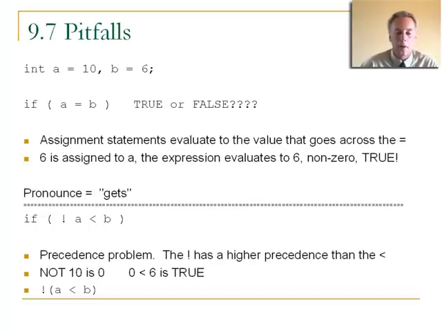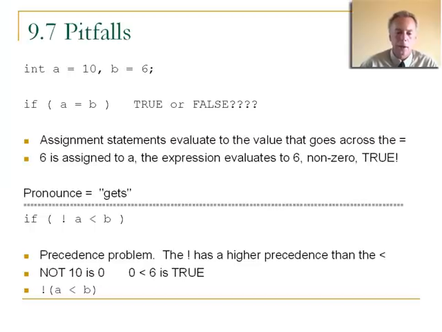Here's another pitfall below the line on this slide. The not operator happens before the relational operators. So in this case, we have another one of these problems with C treating logical Boolean values as numbers.